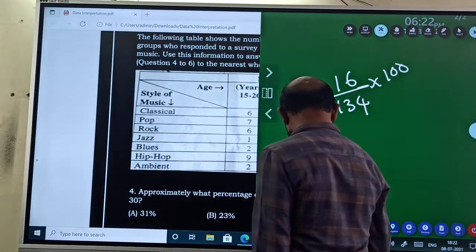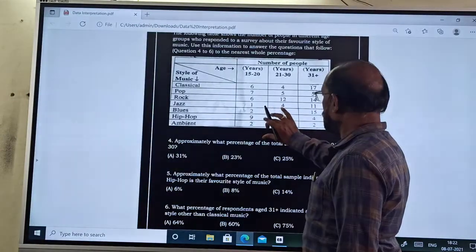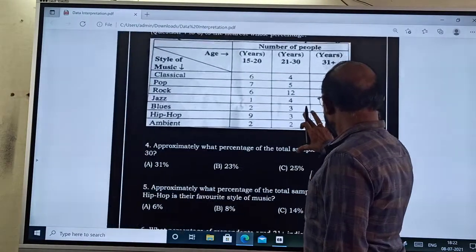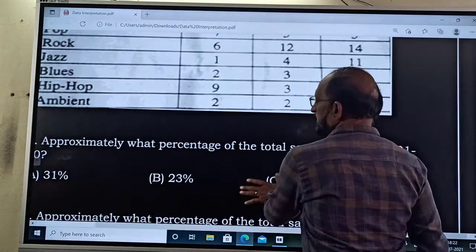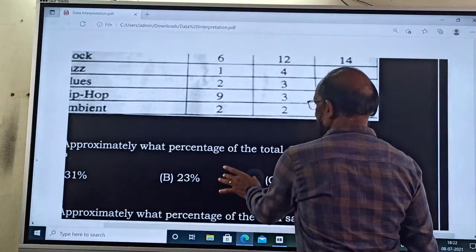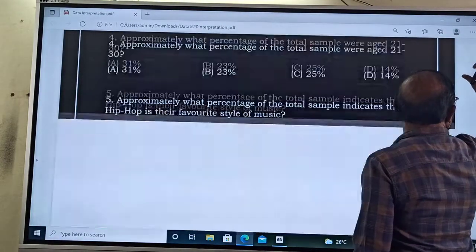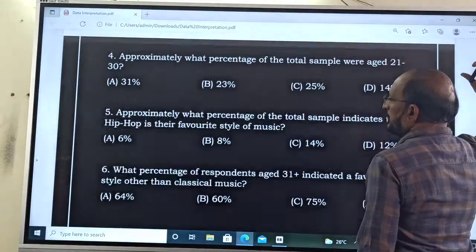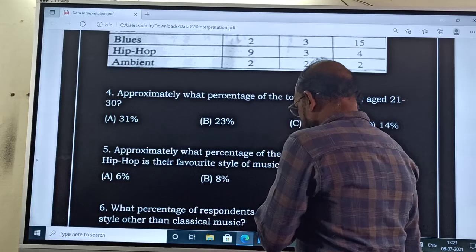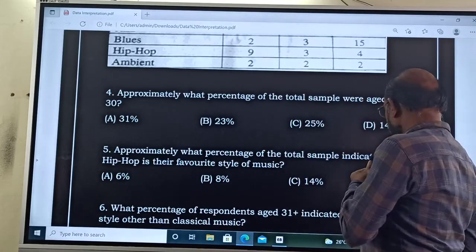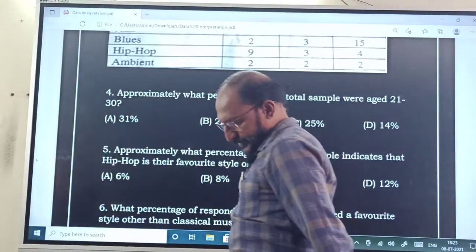Yeah, sure. So 6%, 8%, 14% and 12%. It's 12%. Yes, 12%.